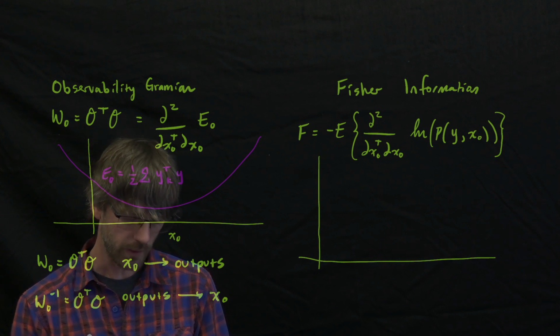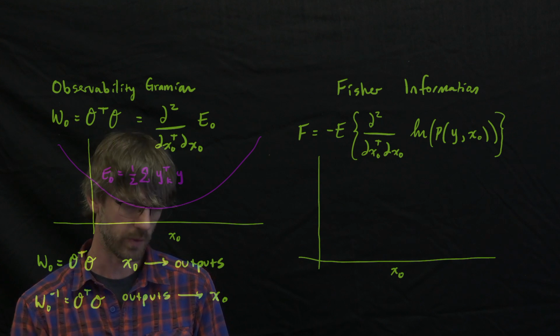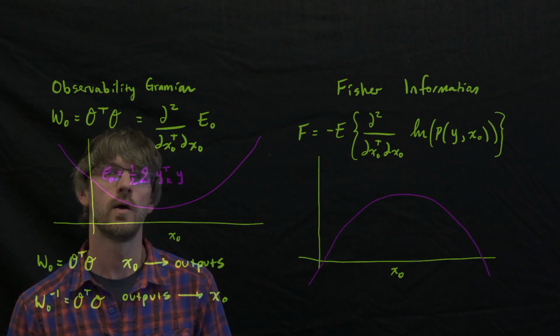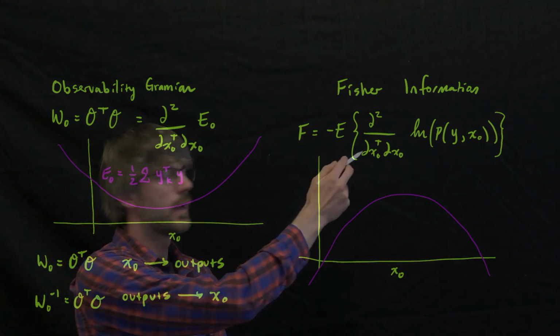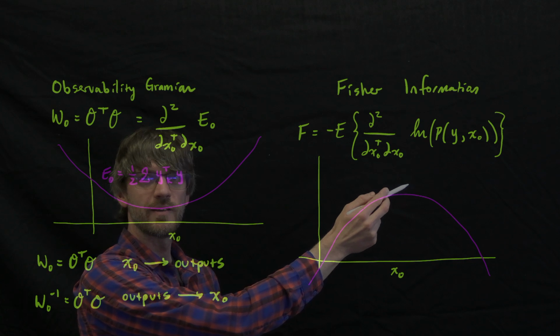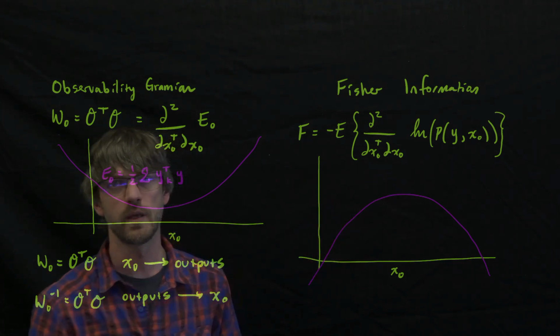Now, if you looked at the log likelihood function for your system relative to some initial condition, it's going to have a very similar shape, except it's going to be opposite. What this says is that there was a particular initial condition that led to the most likely scenario of getting the outputs that you got.